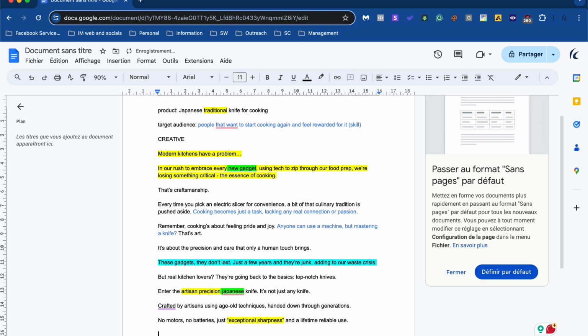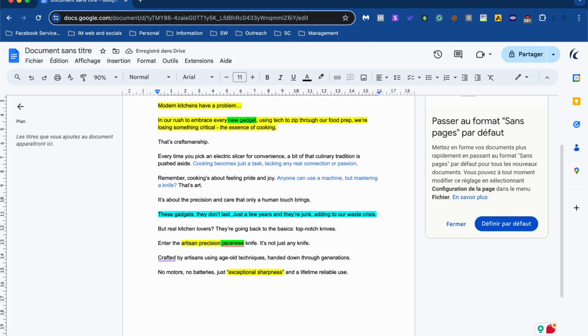And there we use: rediscover the soul of cooking with our Japanese knife, where every cut is a work of art. And here we are adding, and this is extremely important, something almost no one does.